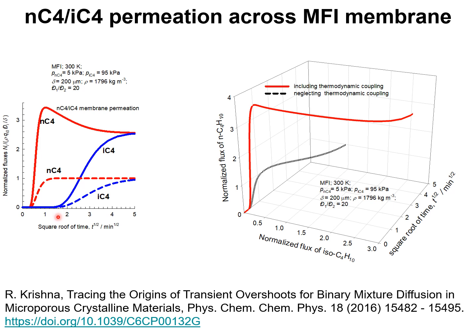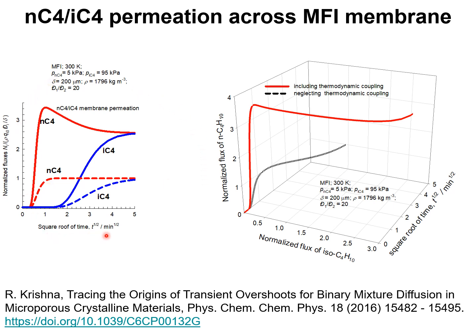And just as in the previous slides, inclusion of thermodynamic coupling effects results in a transient overshoot in the flux of the more mobile normal butane molecule, whereas this overshoot disappears when thermodynamic coupling effects are ignored.